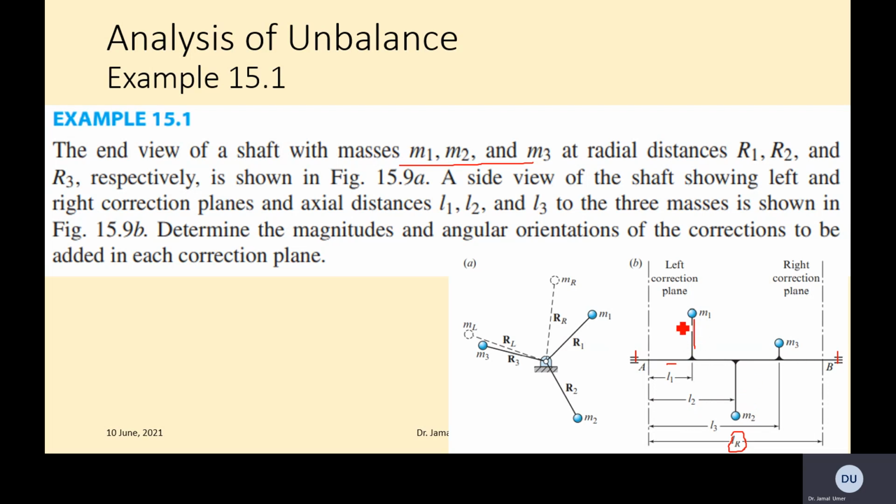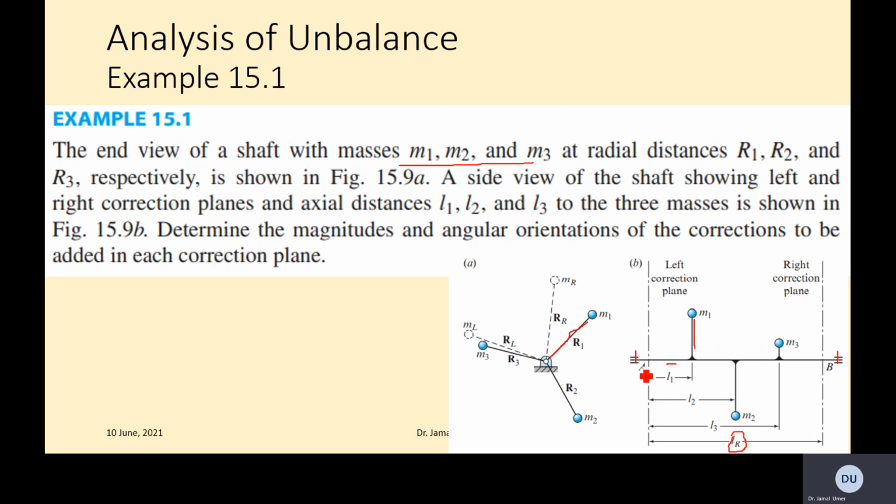And now each mass has a certain distance from the shaft as well, which can be seen from the side, right? So M1 R1 is this one, and R1 is the length of this, how far the mass is from the center, and then M2, then M3. So these three masses are there.